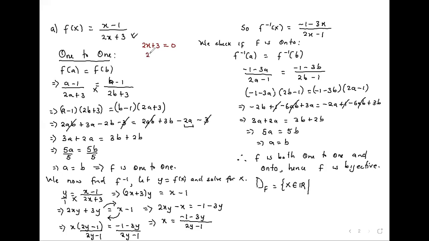And so for x, we get x is equal to 3 over 2. So we are saying in the domain, x should not be equal to 3 over 2, because if that happens, then the denominator is going to be 0. If the denominator becomes 0, the function becomes undefined.